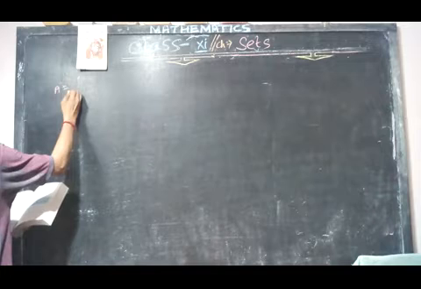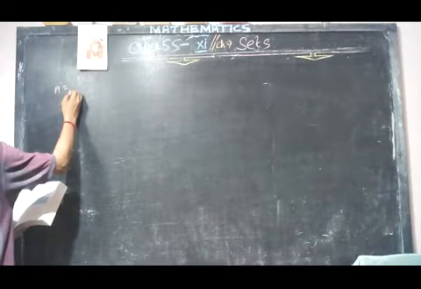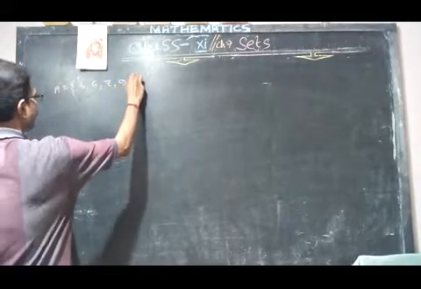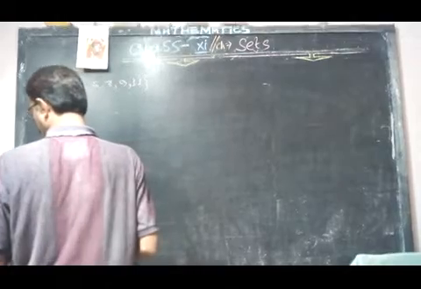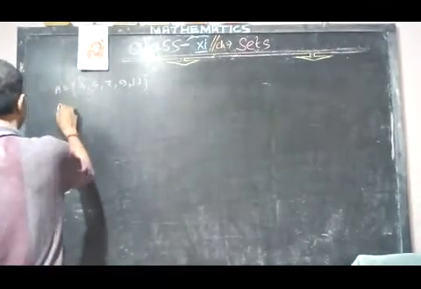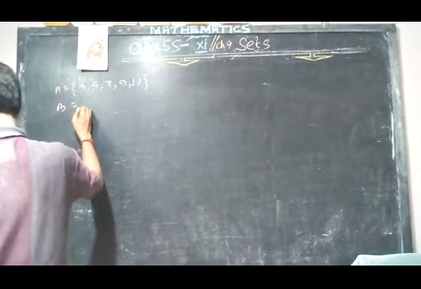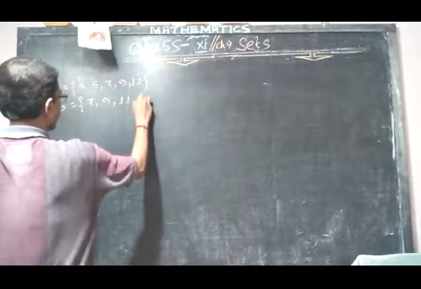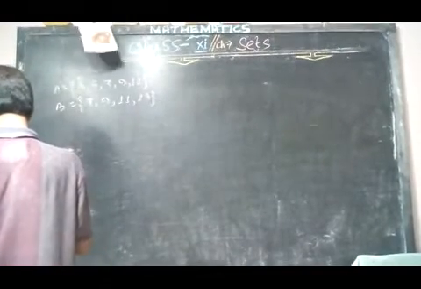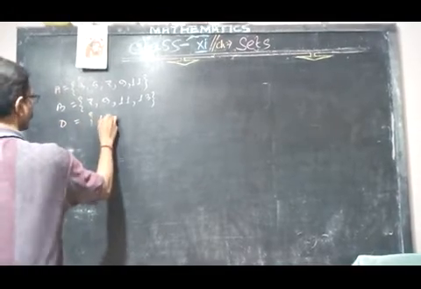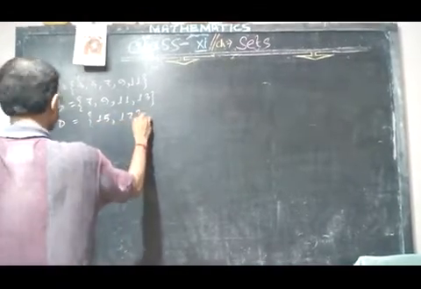A equals 3, 5, 7, 9, 11. B equals 7, 9, 11, 13. D equals 15, 17.